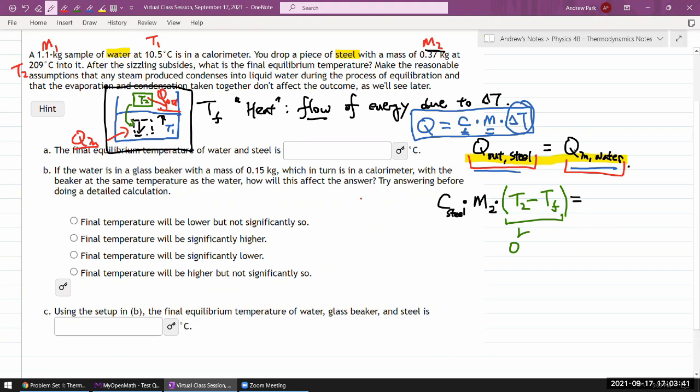Okay, on the right hand side, I should have the specific heat capacity of water. This is another parameter you can look up, times the mass of the water that's been given, M1, times the change of temperature of water. And here, after thinking through it, I recognize, okay, water's going to heat up, so my final temperature will be higher, T final, minus the initial temperature of the water, T1.